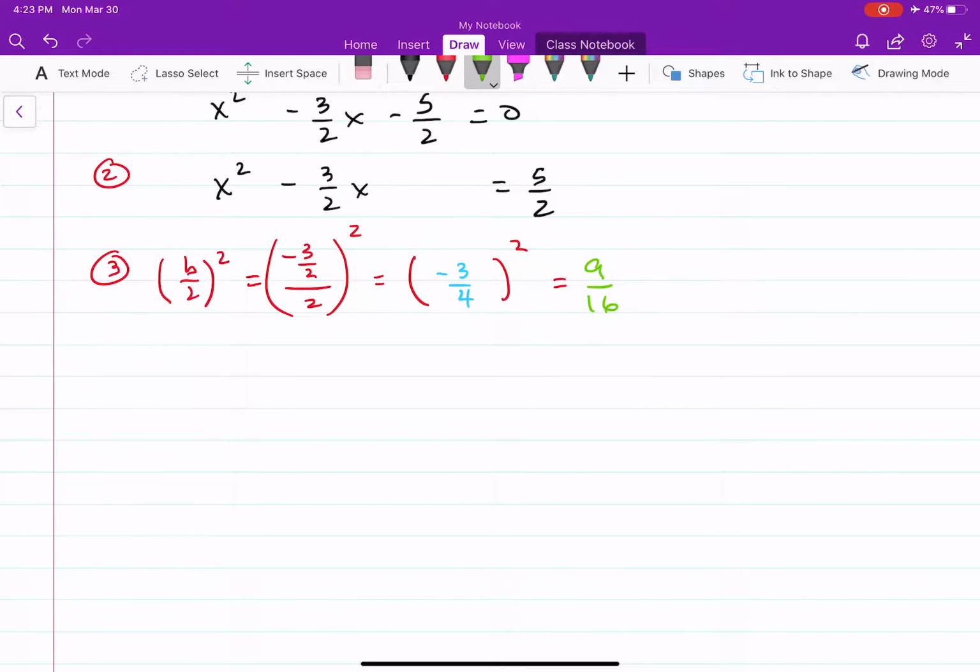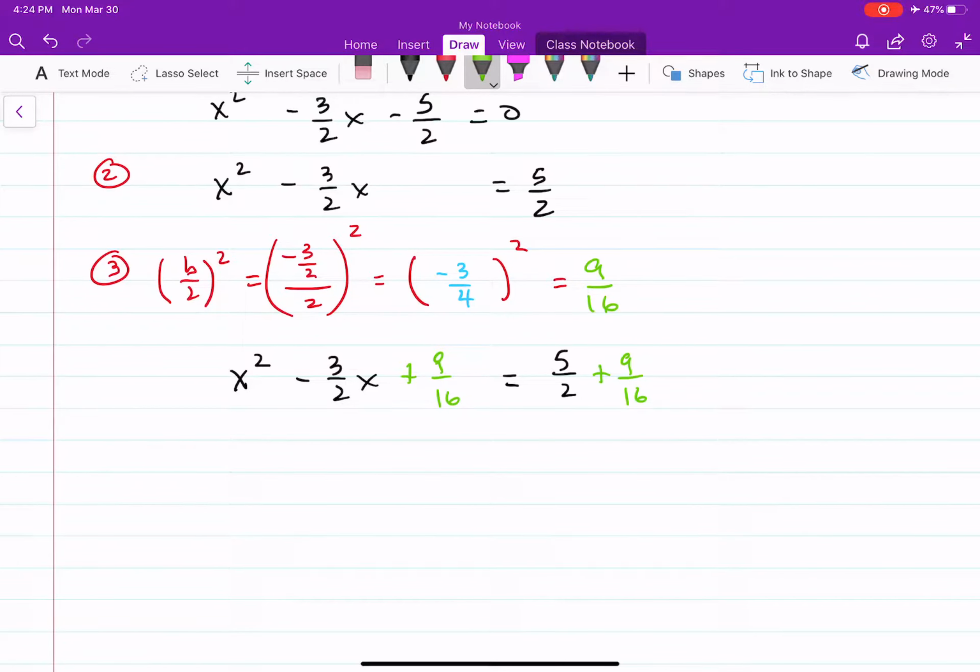So therefore my step 3 here is going to look something like this: x squared minus 3 halves x plus 9 over 16 is equal to 5 halves plus 9 over 16.